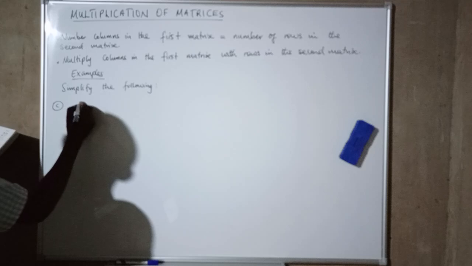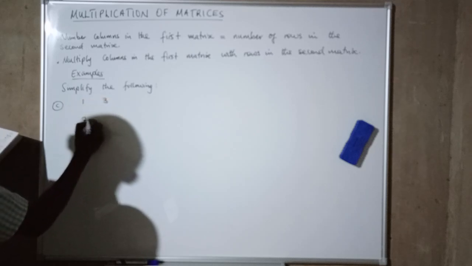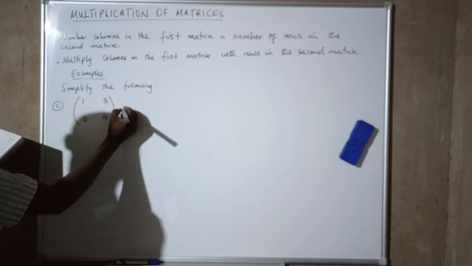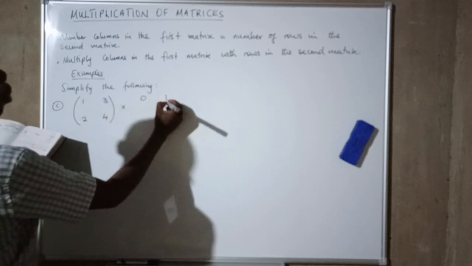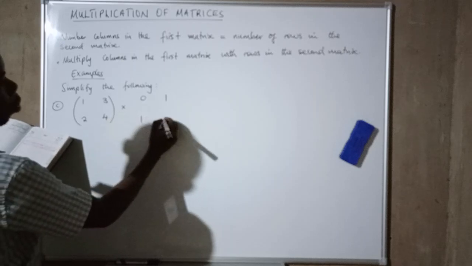We have 1, 3, then 2, 4, multiplied by 0, 1, then you have 1, 2.